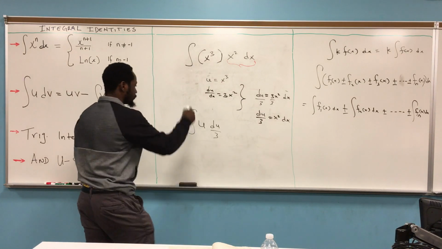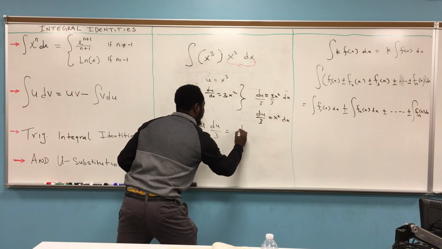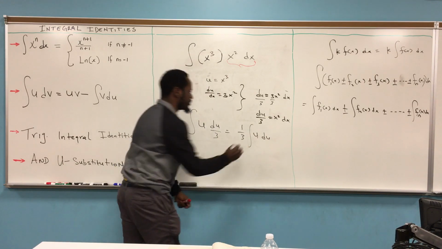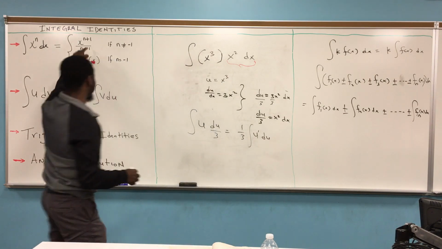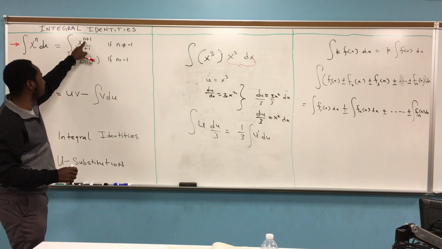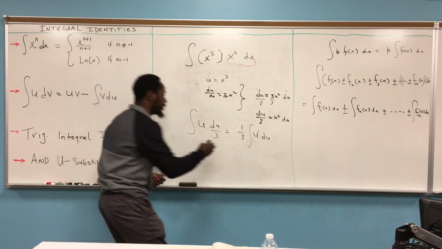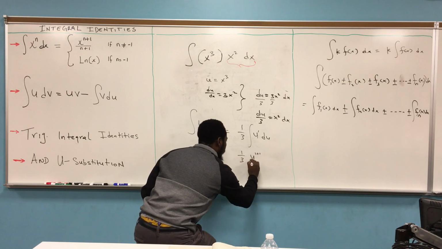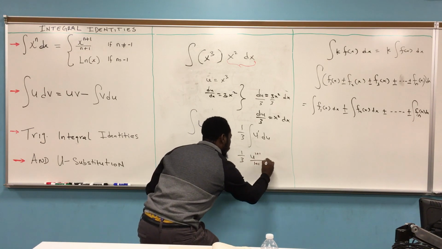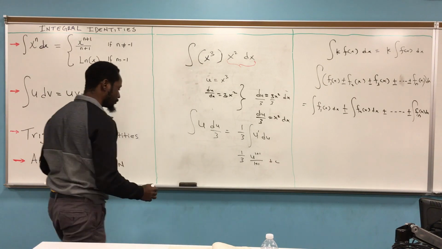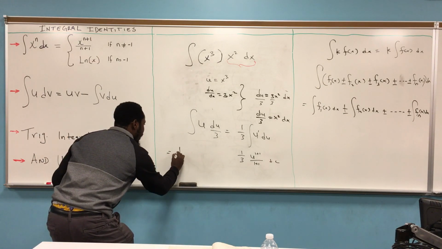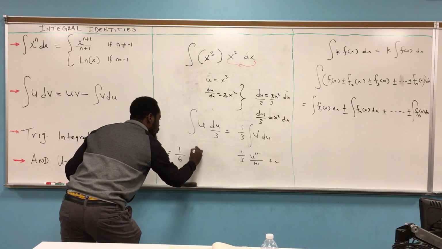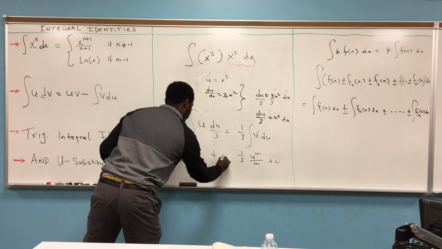Now, this will be equal to 1 over 3 can go out, and we have u du. u du is u to the power of 1. So we're still going to use this. The exponent is 1, so we add 1, right? So we have 1 over 3, u to the 1 plus 1 over 1 plus 1, plus c. So this is going to be 1 over 3 times 2, which is 6, u squared plus c.